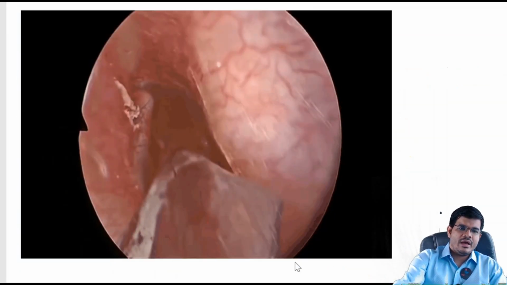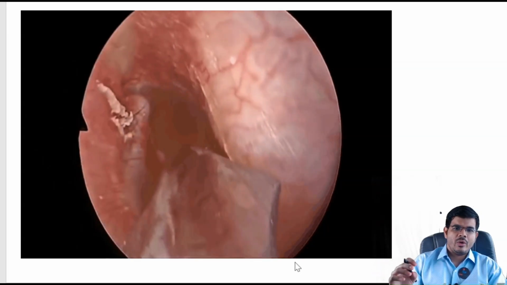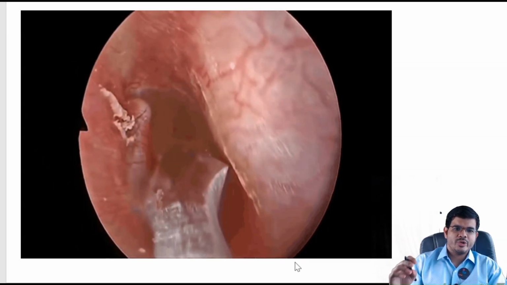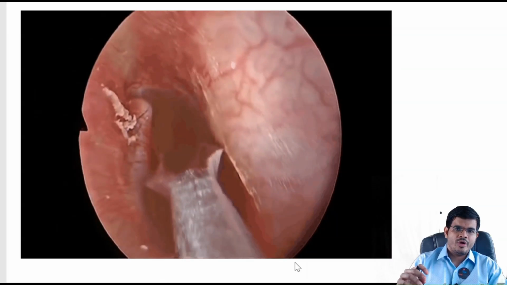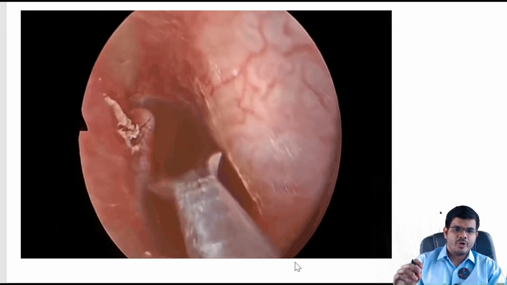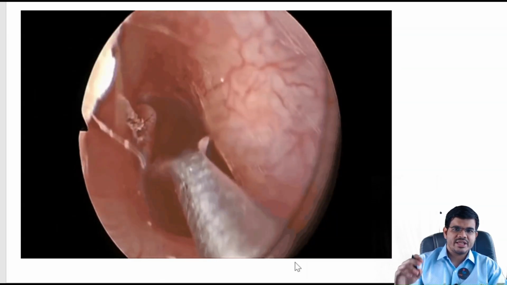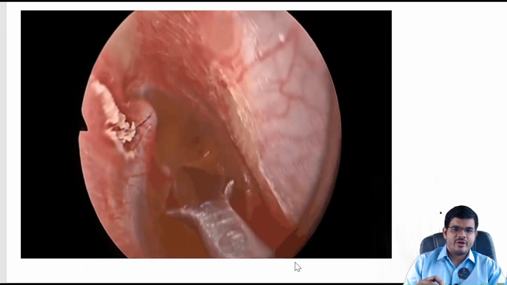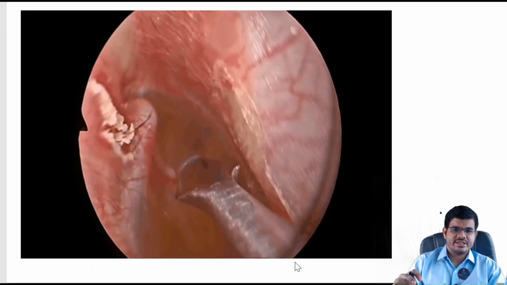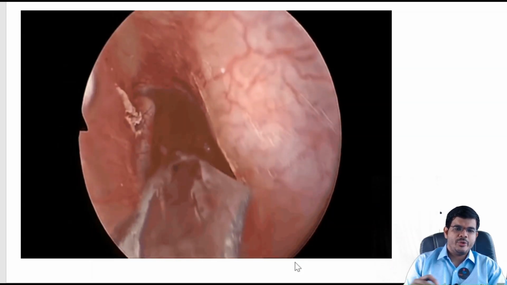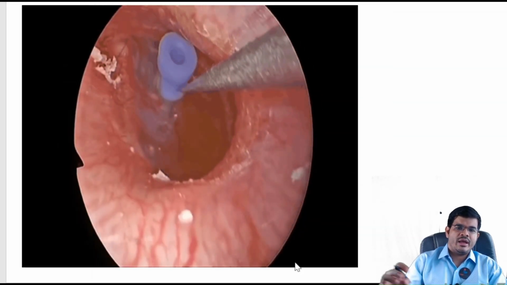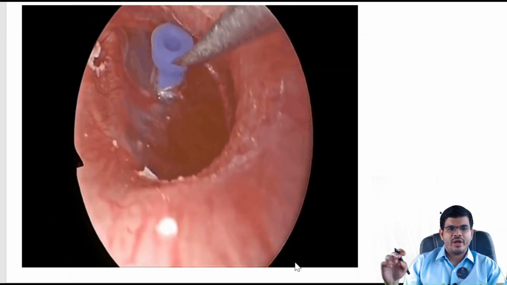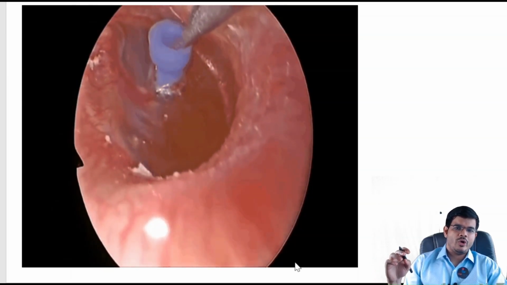Okay, and in OME, what you can do is you can use a myringotome. Okay, a myringotome is used to put an incision in the anteroinferior part of the tympanic membrane. Okay, in the anteroinferior part, you put a radial incision like this, and you drain the fluid out. Okay, and after that, what you can do is you can put a ventilation tube or grommet.